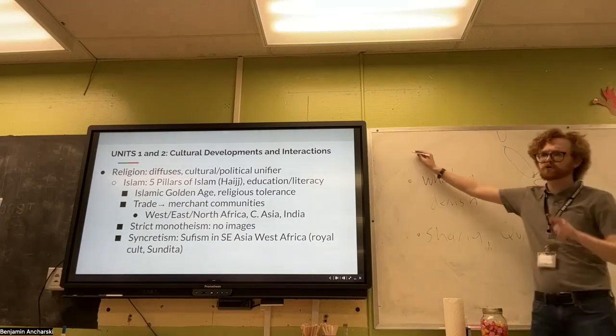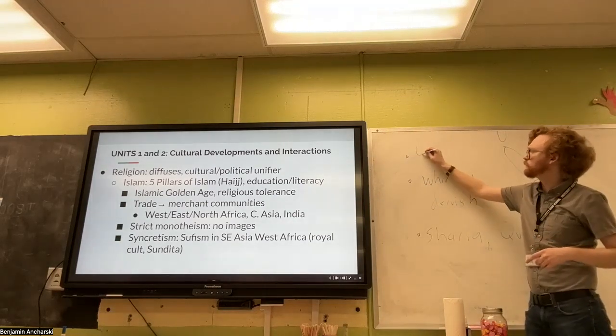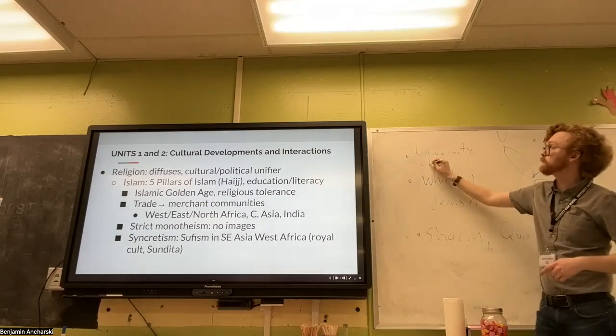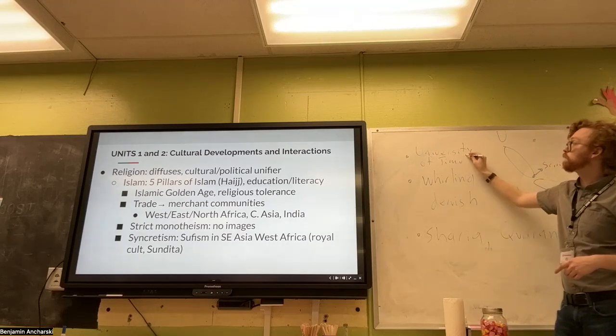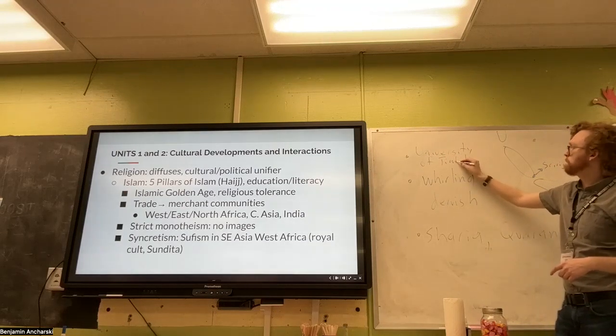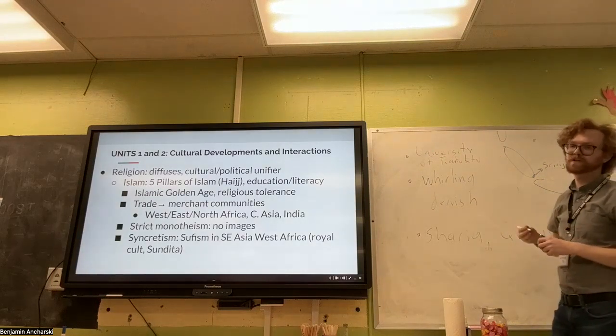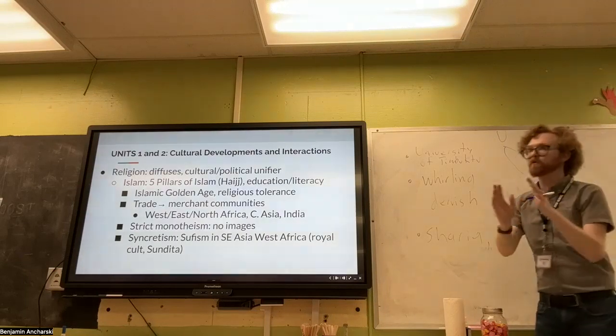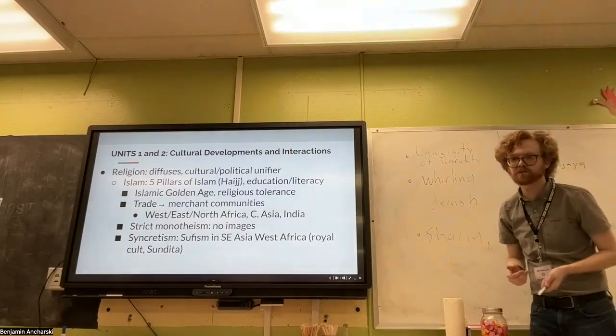But also architecture, that is a good point right there. Architecture is another example of syncretism. The University of Timbuktu is a good example of cultural syncretism. It combines West African architecture for the purpose of an Islamic university.